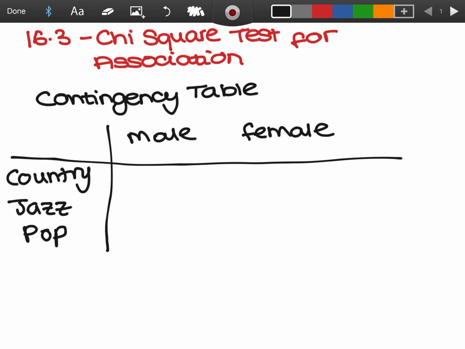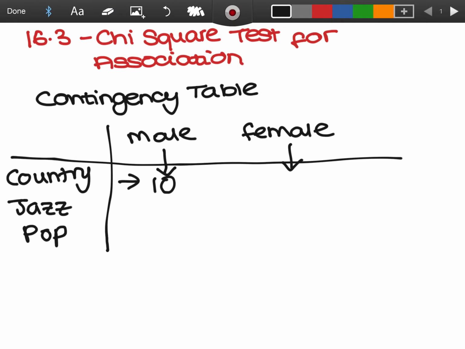We're going to write in this table how many people are male and like country music. Then you write in how many people were female and like country music. Same with jazz and same with pop. So a contingency table tells you how many people fall into these categories. You'll have how many fall into male and jazz, how many fall into female and pop, etc. So it tells you the link between the two variables.